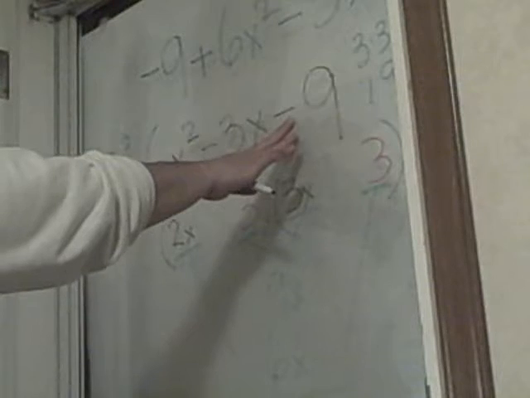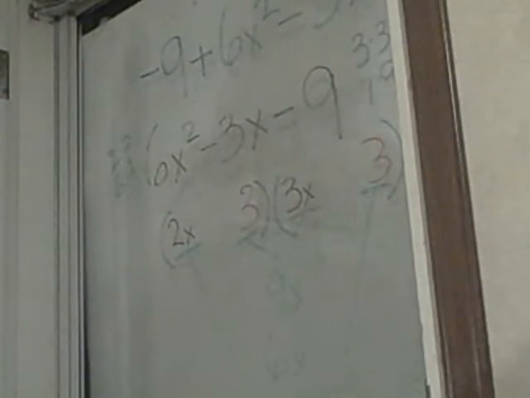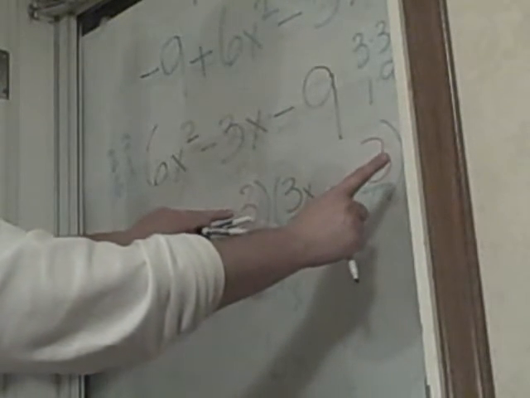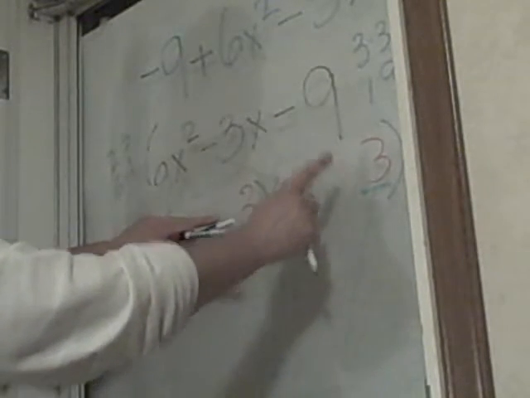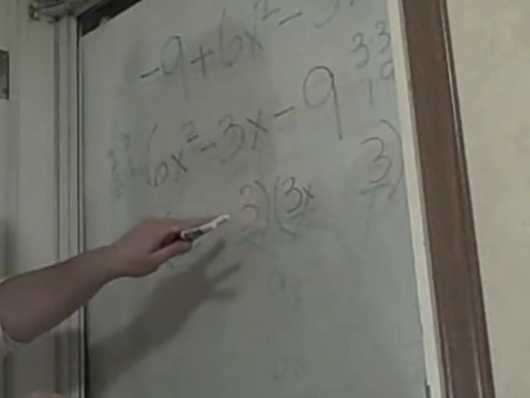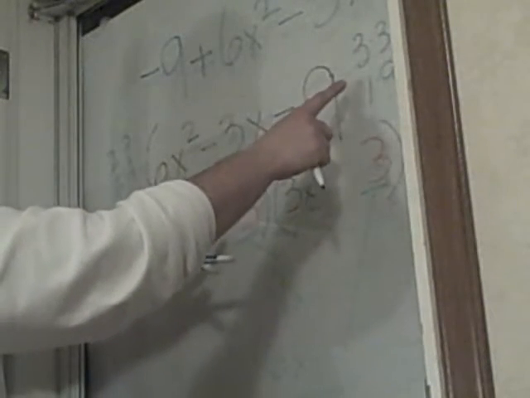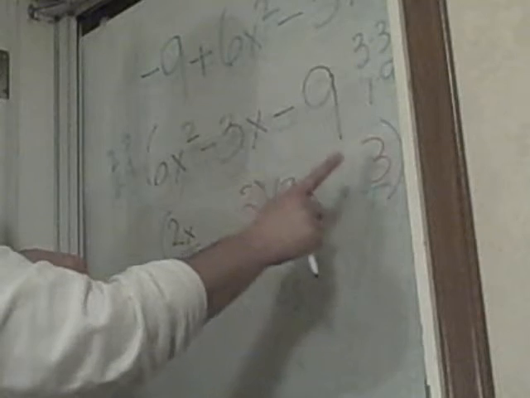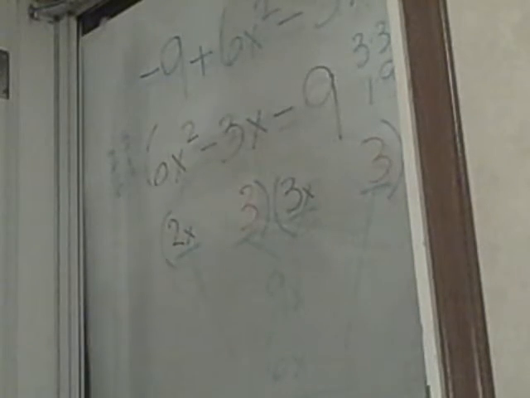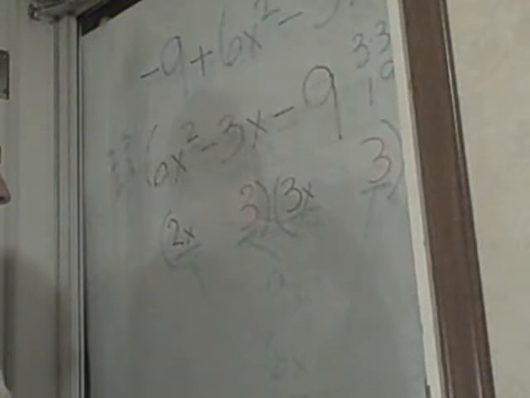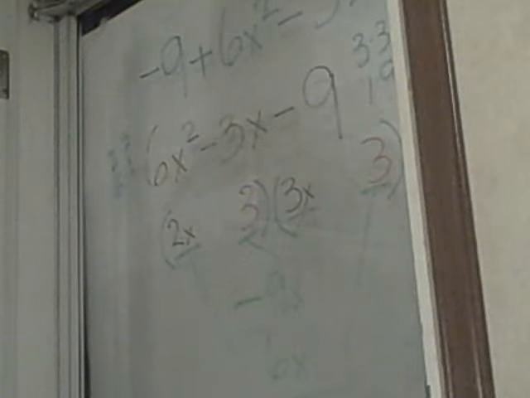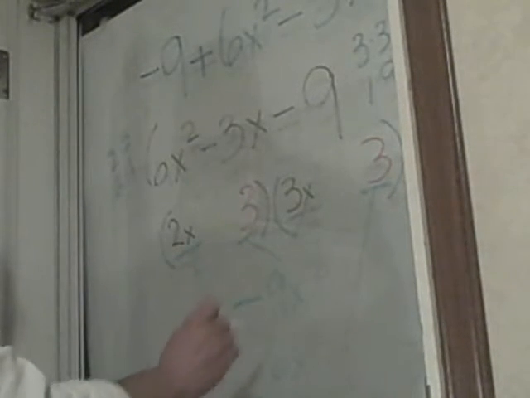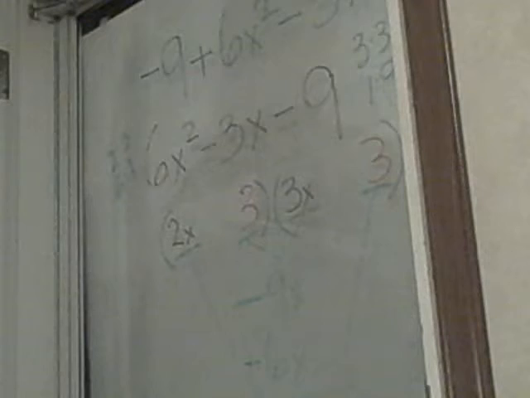If this is negative, that means the product of the last two terms is negative, which means one of these two has to be negative if this is going to be a negative 9. 3 times 3 is 9, but this is a negative 9. One of these two has to be negative. The sum is a negative 3x. Since this is negative, it's telling me that the bigger of the two is negative, which means the 9x is negative and the 6x is positive.